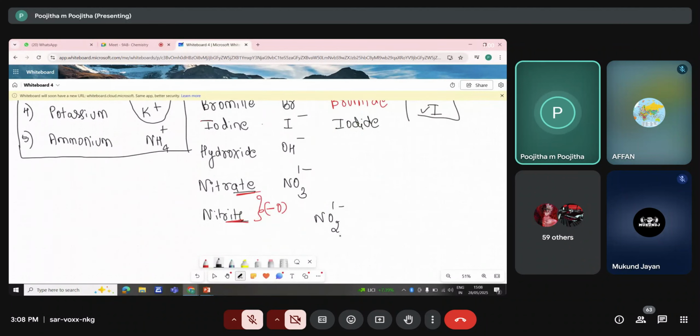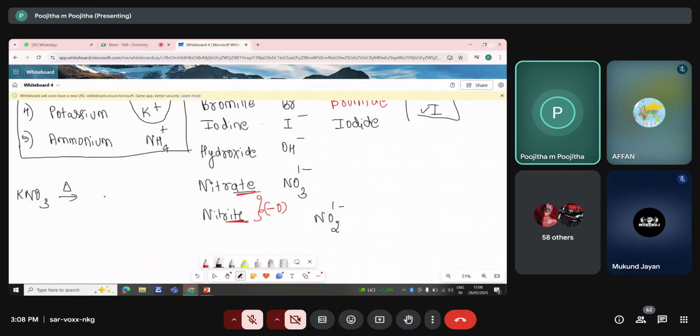I'm writing in an order that makes it easy for you to remember. I'm not following the textbook order. I'm discussing valency minus 1, but in an order which will be easy for you to recall. So please copy. Nitrate is NO3 1 minus, nitrite is NO2 1 minus. Last year you learned this equation under thermal decomposition of metal nitrates.